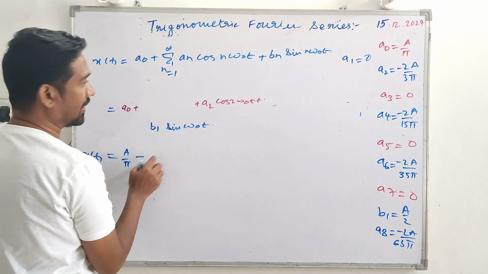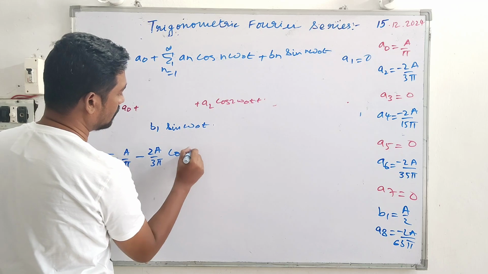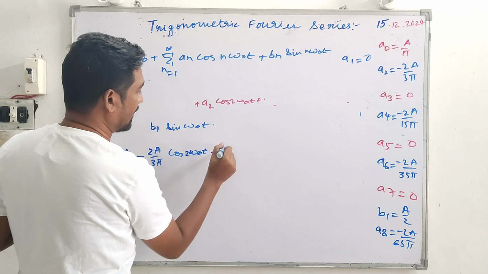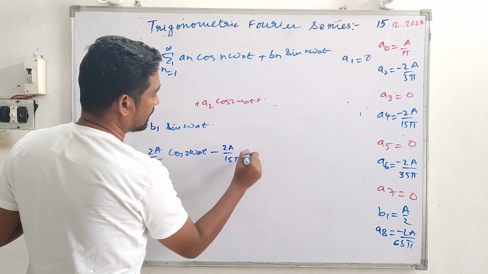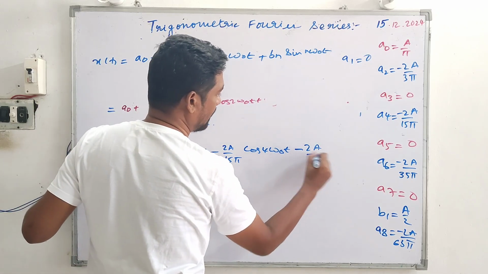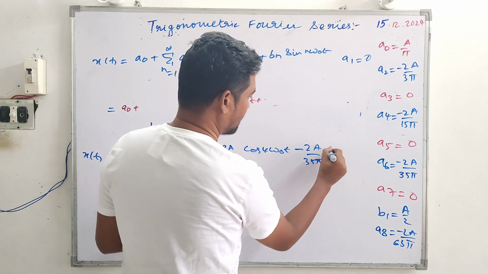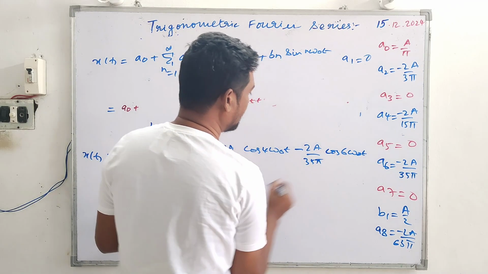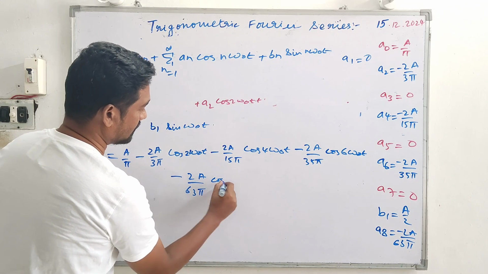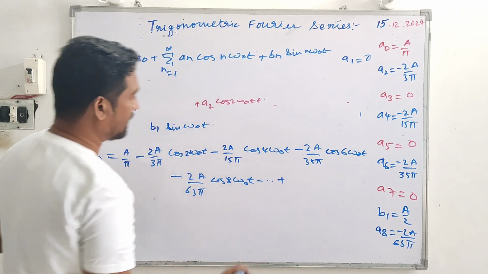Because a2 is minus 2a by 3 pi cos 2 omega naught t, minus, a4 is minus 2a by 15 pi cos 4 omega naught t, minus 2a by 35 pi in the place for a6, cos 6 omega naught t, minus 2a by 63 pi cos 8 omega naught t, minus, it goes to infinity, plus b1.